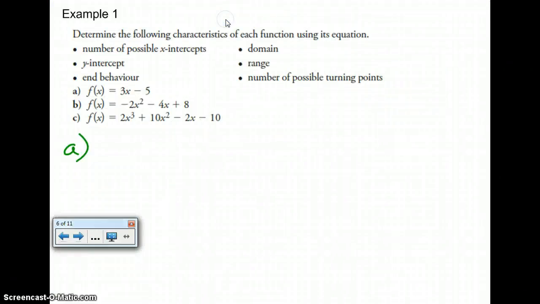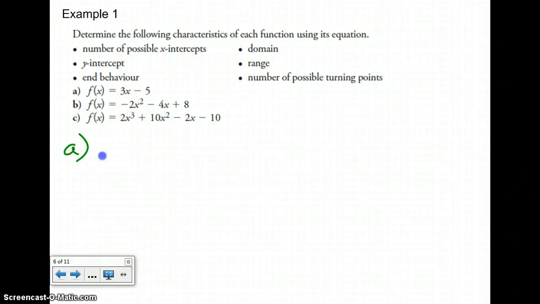Okay, so what type of function is part A? Linear. How do you know? Because it is of degree 1. Awesome. So degree 1, how many x-intercepts will this have? Okay, good.